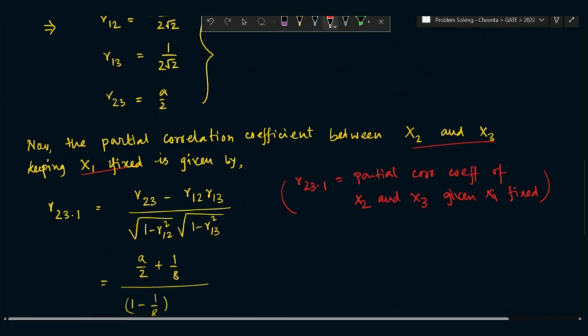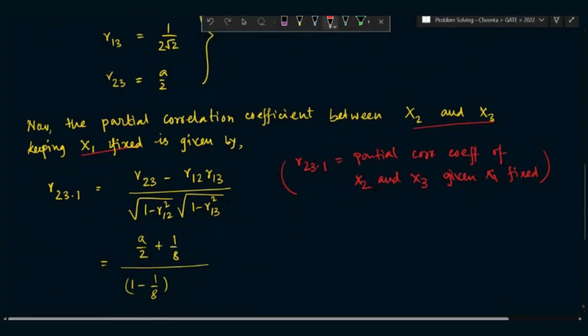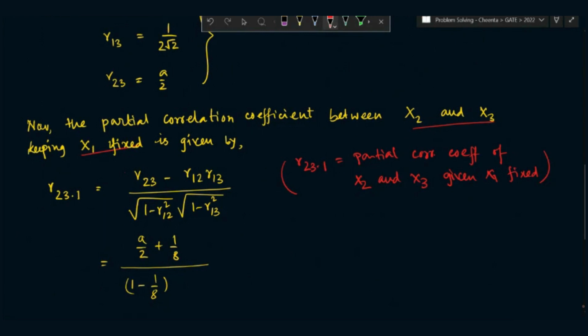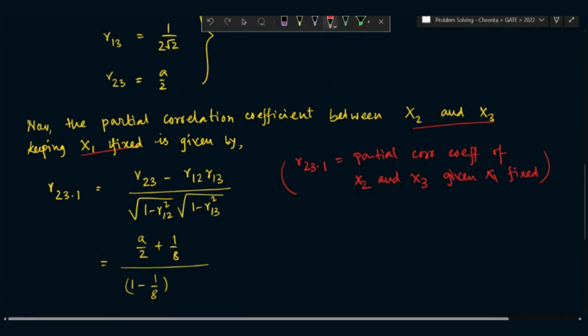Putting the values, R23 is basically A/2, R12 is minus 1/root 2, and R13 is 1/root 2. So their product is minus 1/2... they both multiplied equal to 1/8 in magnitude. And in the denominator, we have 1 minus R12 squared, which is 1 minus 1/8.